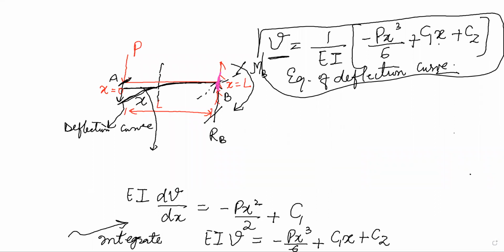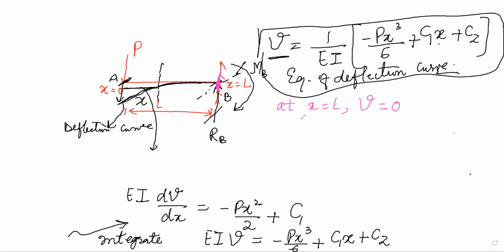At x is equal to L, there can be no deflection of the beam because the beam is fixed. That is ν is equal to 0. Now substitute x is equal to L here and put ν equal to 0, and we will obtain the value of C2.